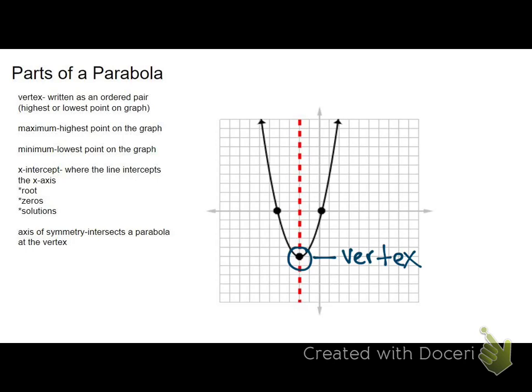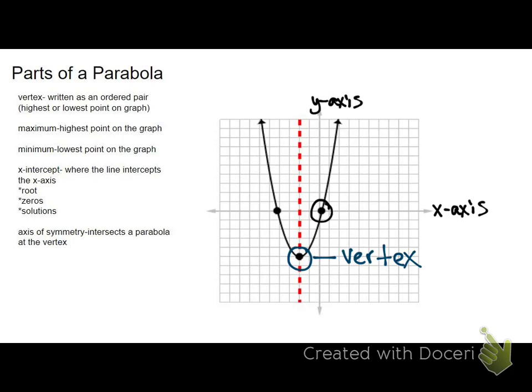Okay. So if the vertex is written as an ordered pair, let's go ahead and write that ordered pair. Now, this red dotted line does not represent my y-axis. A coordinate plane is made up of what two axes? The x-axis and the y-axis, right? And the ordered pair is made up of x and y.